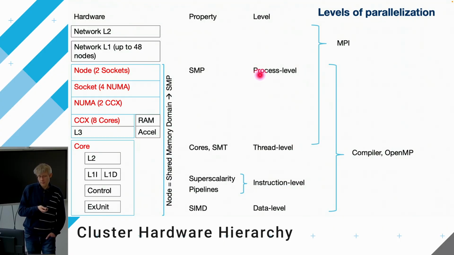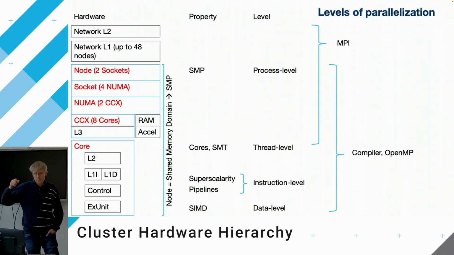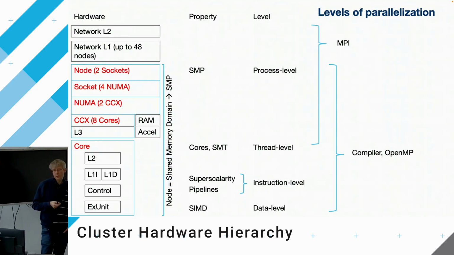And then up to the process level, you can run multiple processes on one node. But then you can also run multiple processes on different nodes, and then you have to think about communication over the network. And for this on HPC, traditionally, you can use MPI, the message passing interface, to make your processes that are running on multiple nodes communicate to exchange information.